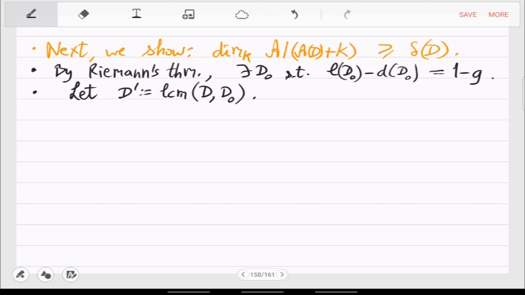Right, so there is a D0 which is given by Riemann. You don't know what it is, but you know that it exists, because the place where it meets the threshold, that is called the genus. That is what we call 1 minus G. So by definition of genus, D0 exists. So if you take the LCM with the input divisor, which was D, you will get a bigger divisor, right? And the bigger divisor will again satisfy the equality.